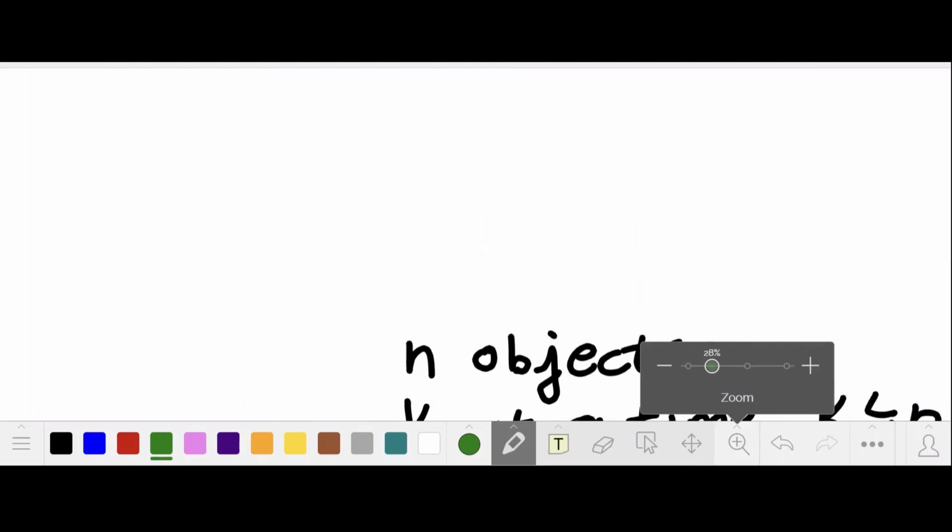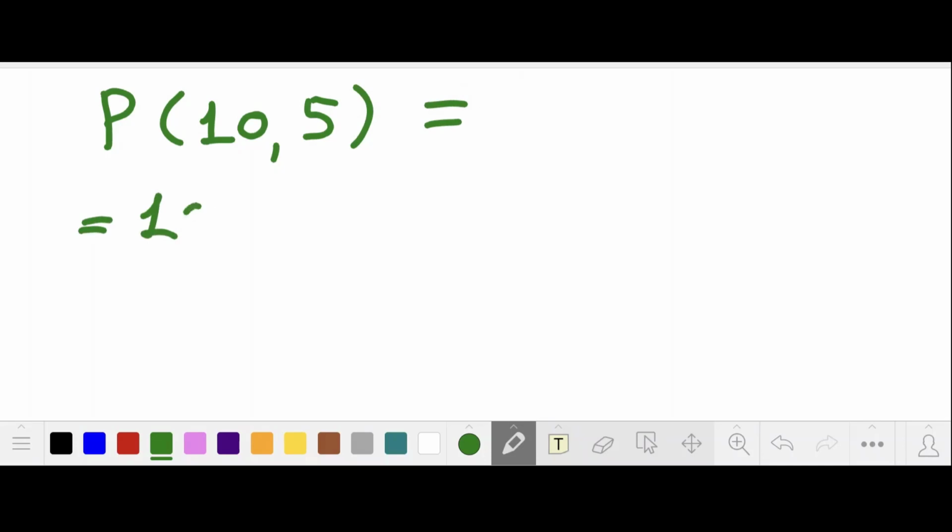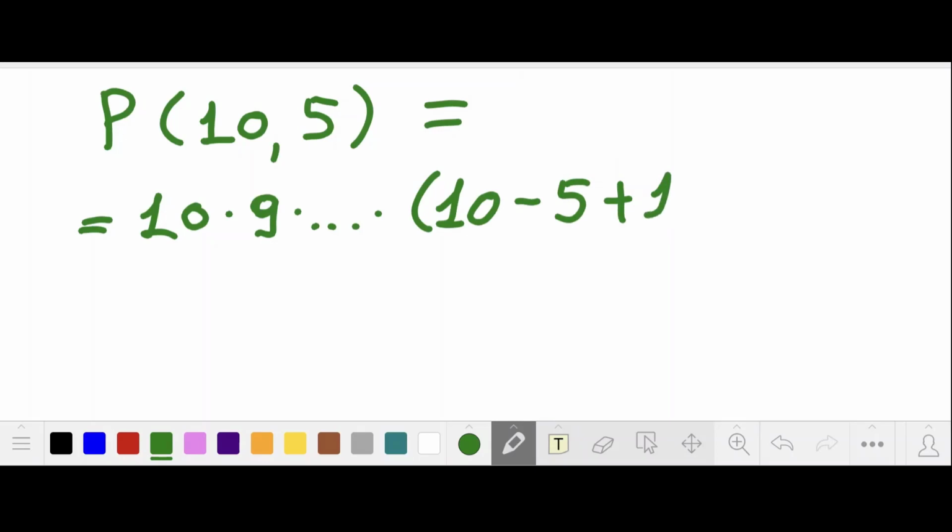So let's calculate, for example, the total amount of permutations of 10 objects taken 5 at a time. According to our formula, this is equal to 10 multiplied by 9, and we keep multiplying until we reach 10 minus 5 plus 1.